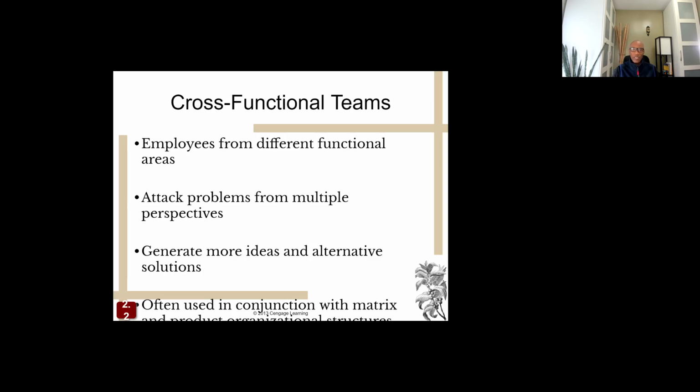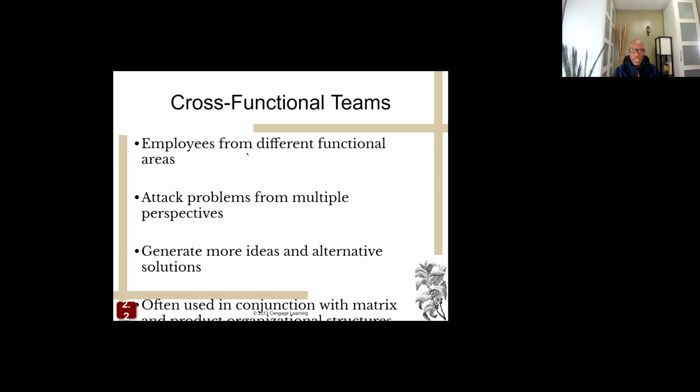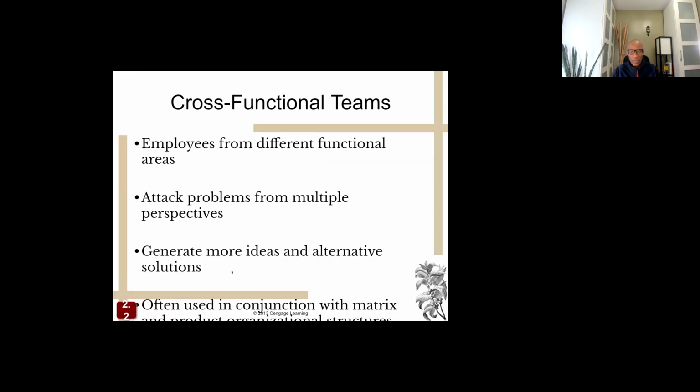When we talk about cross-functional teams, the idea is selecting people from different parts of the organization, probably different divisions, to work on a project or something. So employees from different functional areas look at how to attack a problem with multiple perspectives and generate lots of ideas throughout the process.